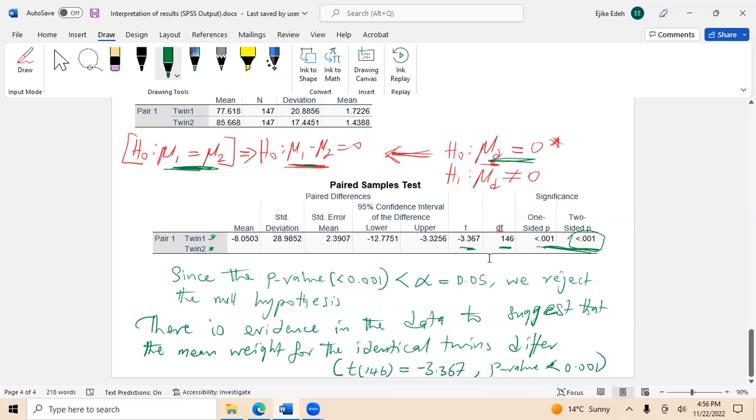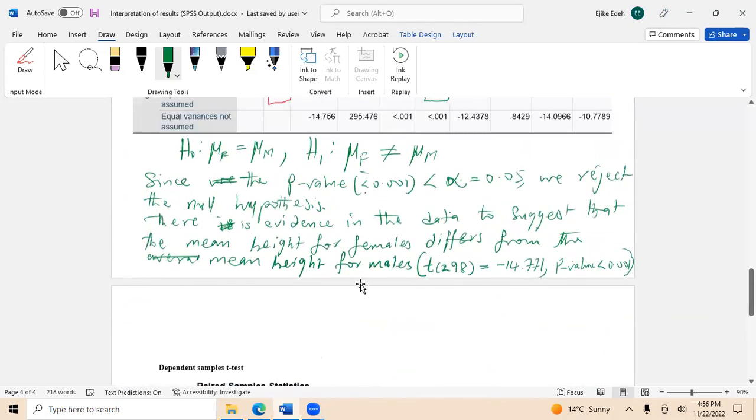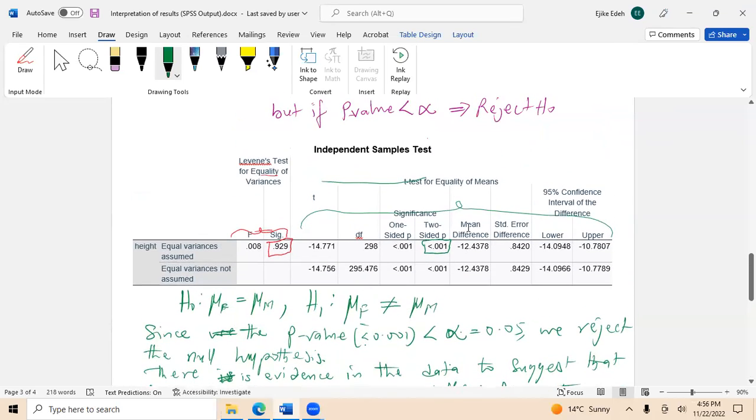And just to round off, there are other things on the table I didn't mention, but they are things that you're familiar with. For example, you have the confidence interval here, the lower and the upper tail confidence interval. You have the mean, standard deviation, standard error. We are used to calculating all these things before now, right? So over here, on the independent sample t-test, you also have the confidence interval, right?